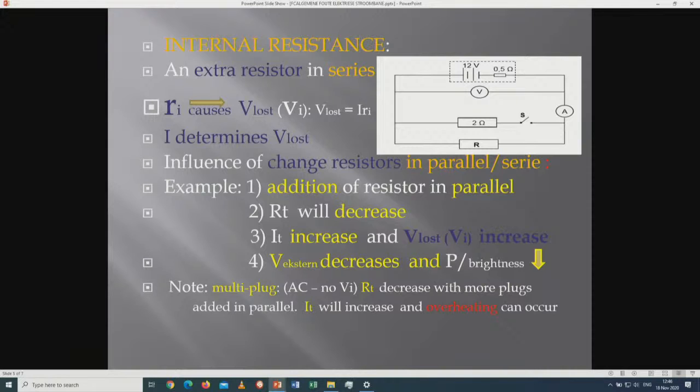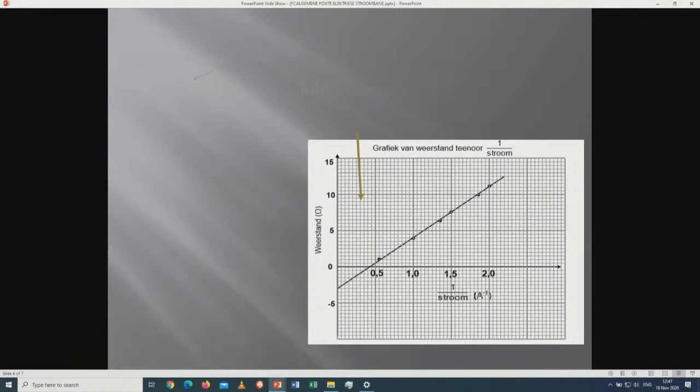It's only a case that the total current increases when you increase the number of electric devices connected to that multiplug. Then you decrease the total resistance, you increase the current, and more heat energy is generated in that multiplug, and that can cause overheating.